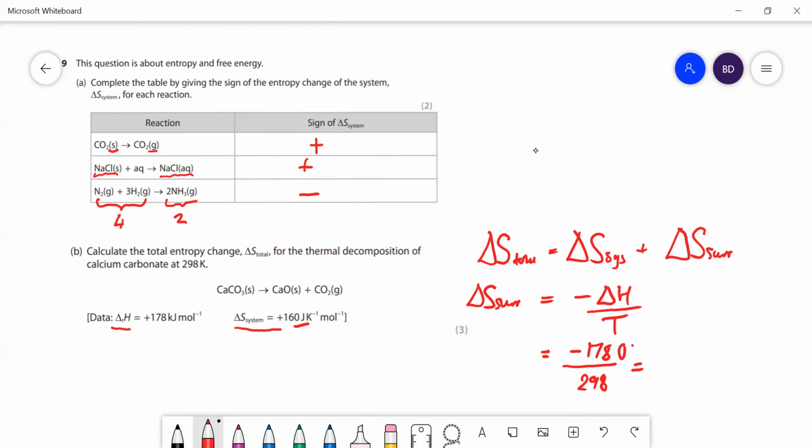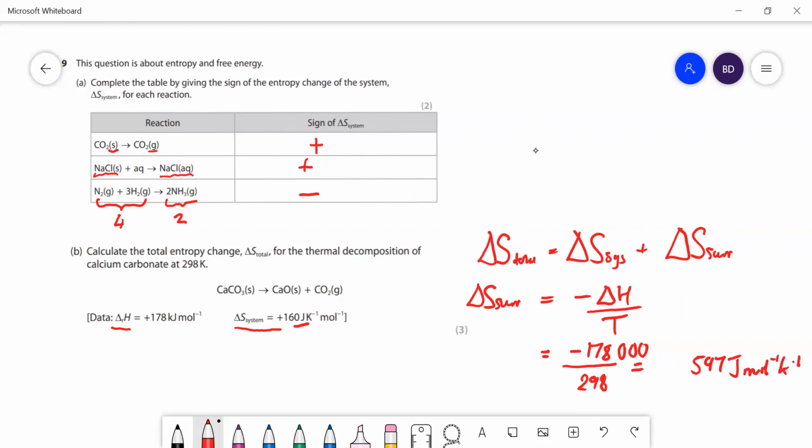That's 178,000 joules, because it's 178 kilojoules, and that is equal to 597 joules per mole per Kelvin.